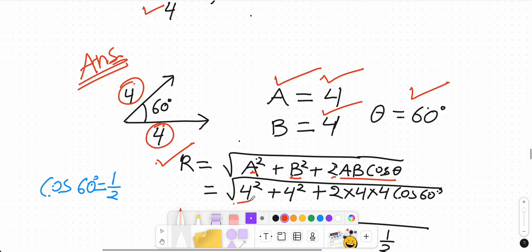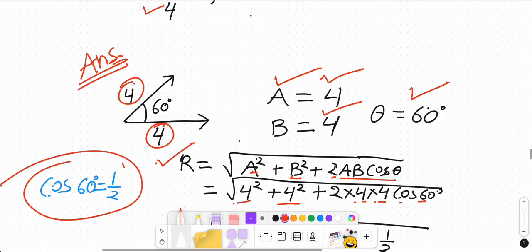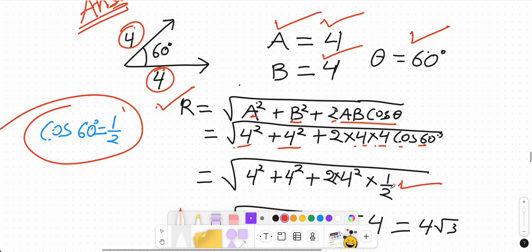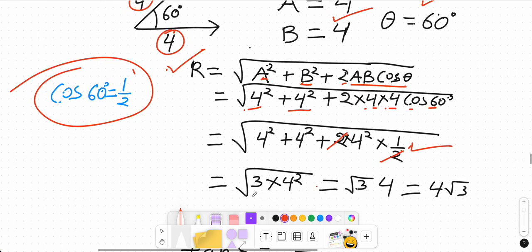A is 4, b is 4, 2ab is 2 into 4 into 4, cos 60. Cos 60 degree is 1 by 2, so the 2 cancels. 4 square plus 4 square plus 4 square is 3 times 4 square. So root 3 into 4 is the answer for the magnitude of the resultant.